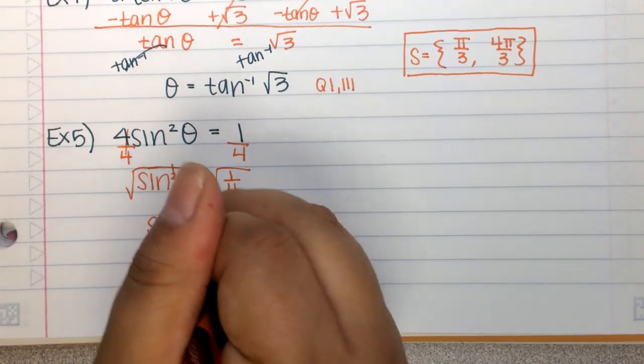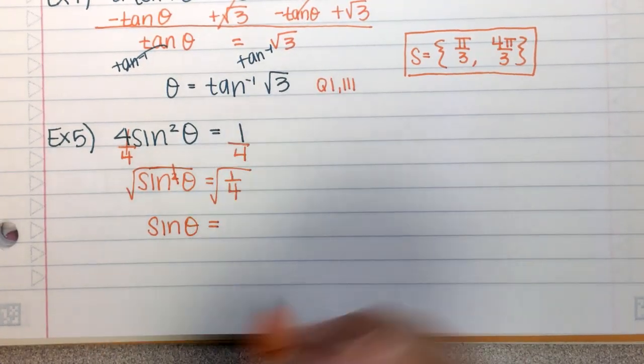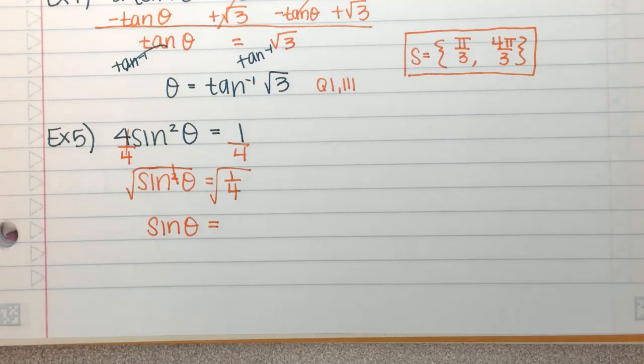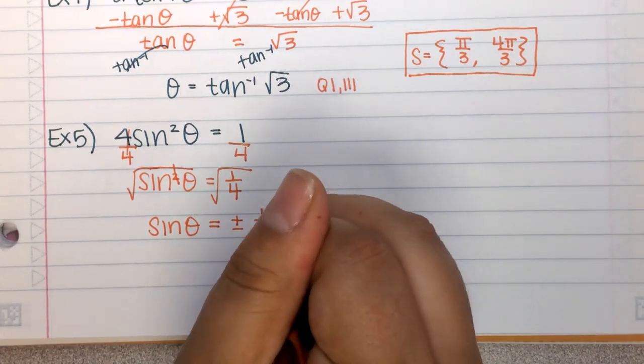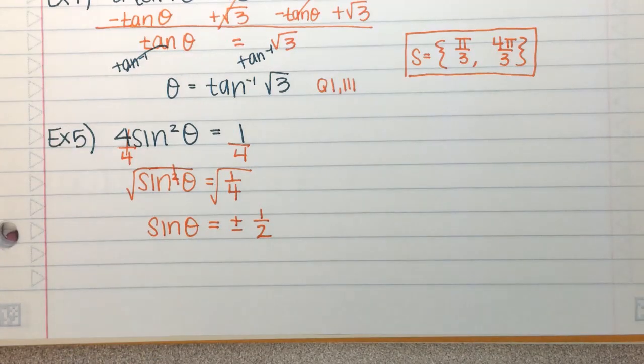So the sine of theta is what? Plus or minus 1/2. Don't forget if you square root, you get plus or minus. You'll automatically get half the points off because you're going to miss half your answers. Square rooting is plus or minus.